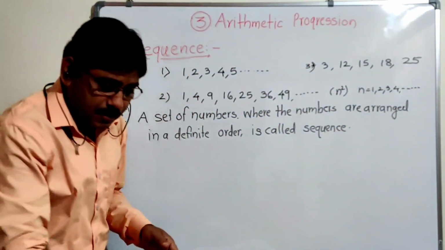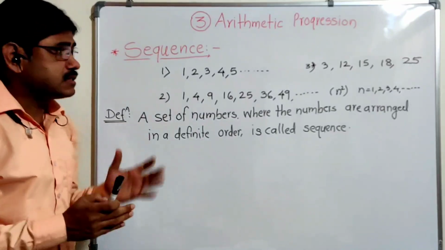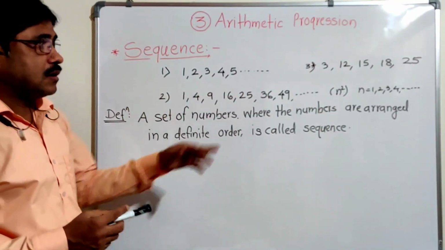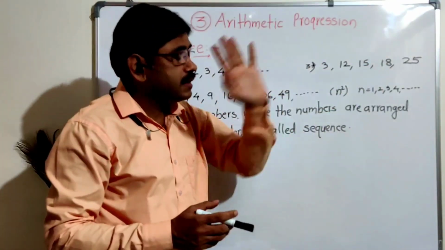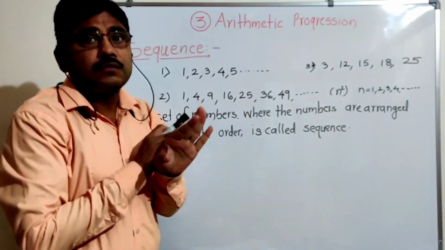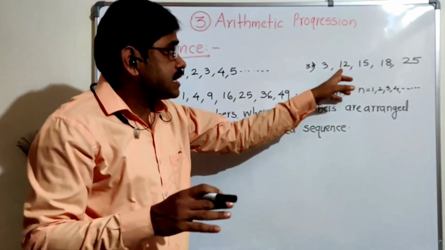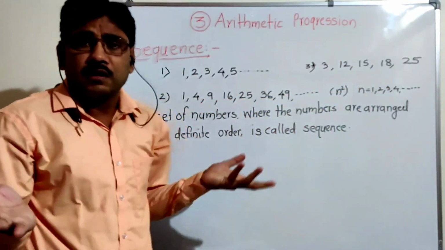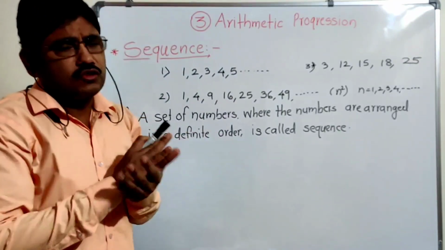So these numbers are following some conditions, and these numbers are arranged in a definite order. Here 3, 12, 15, 18, 25. The position of that number: second position, first position, third position, fourth position. We can't say, there is no relation.